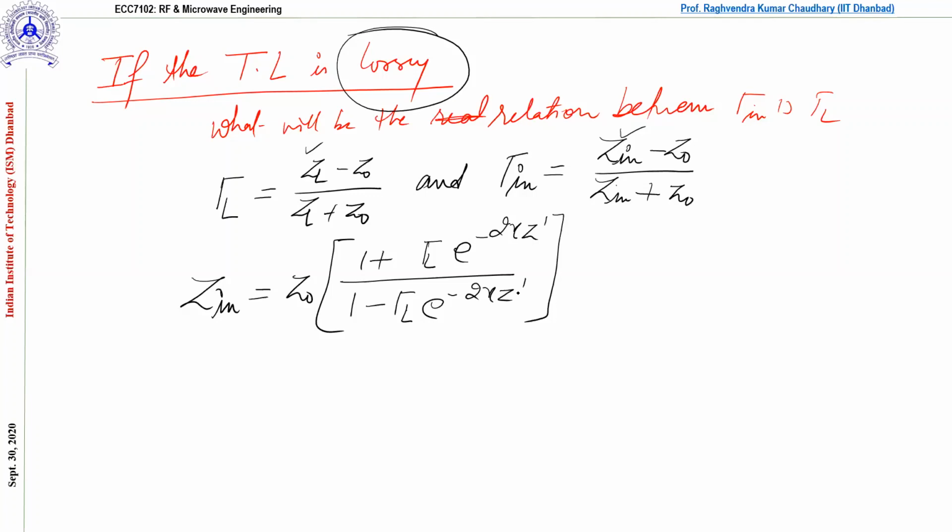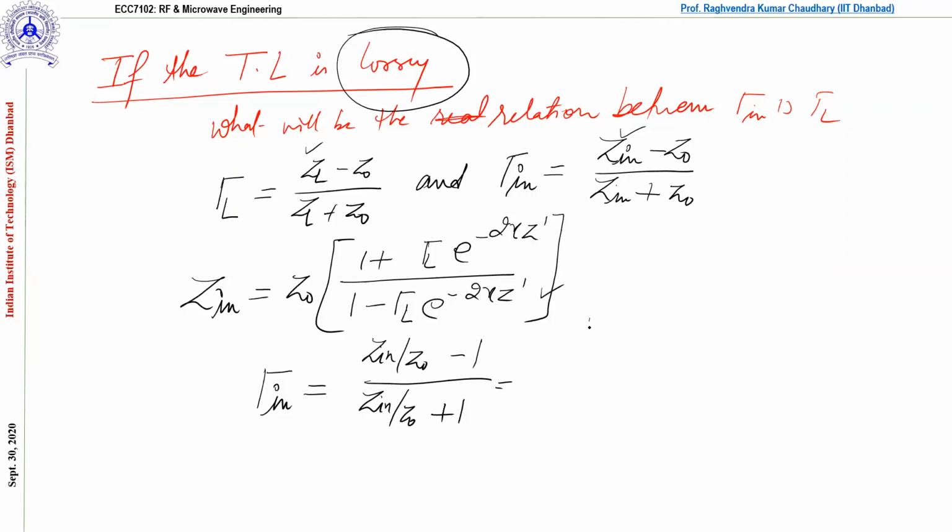Okay. So now if we have Zin, definitely one can find gamma in. How can we find gamma in? We can write gamma in as (Zin over Z naught minus 1) upon (Zin over Z naught plus 1), in normalized form. So we recall this term here, correct?